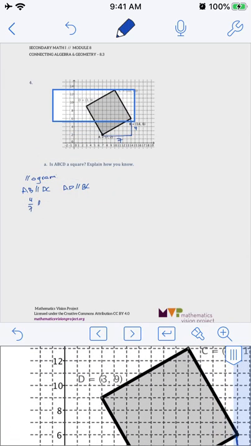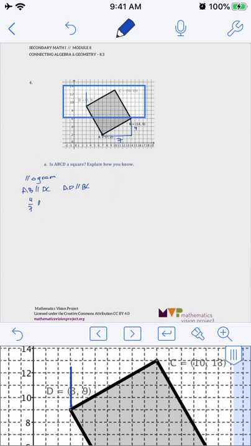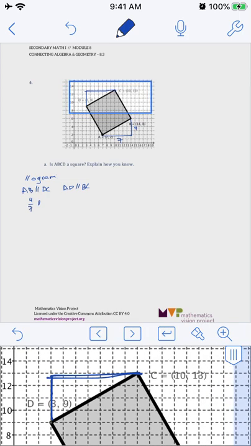Is it parallel to the other side? I can do this. 13 minus 9. Wouldn't that be 6?